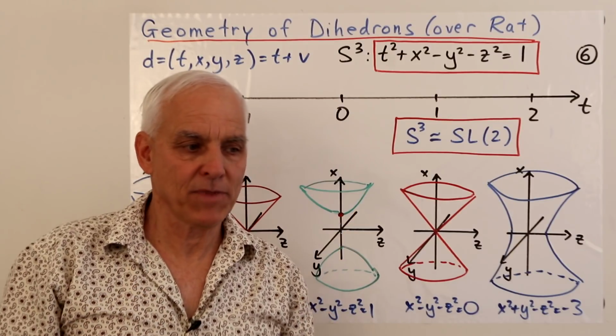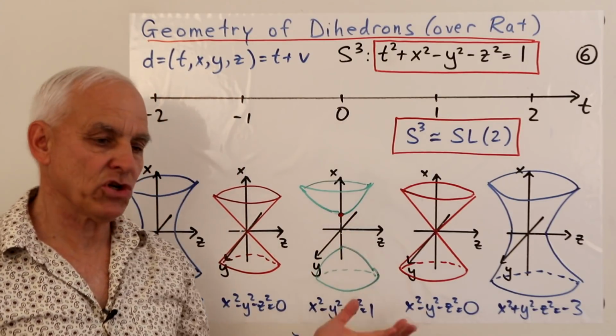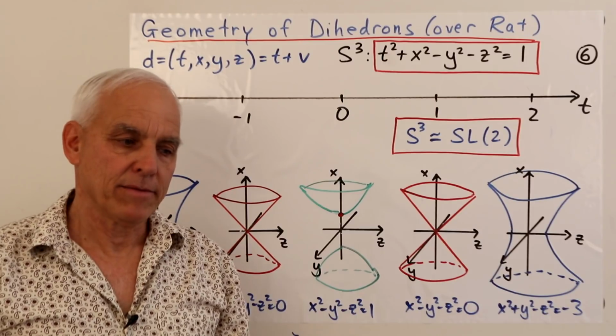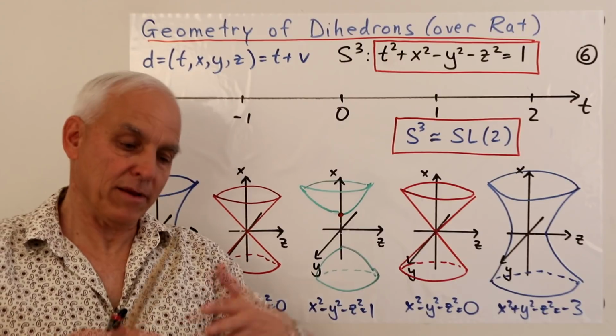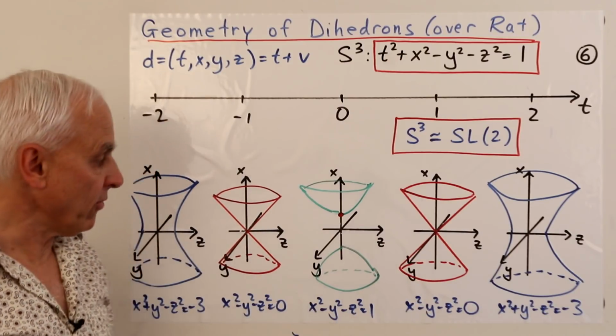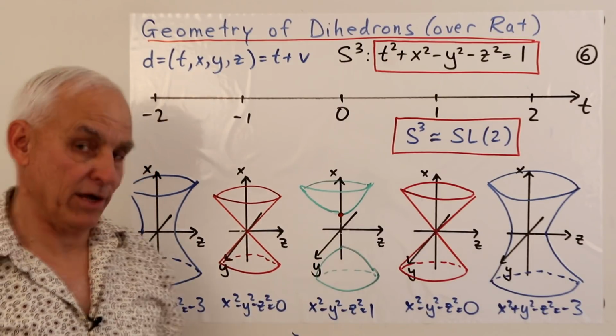So actually, this story is probably at least as rich as the Quaternion story. And if we're looking to have a broad picture of things, we really want to understand these dihedrons.